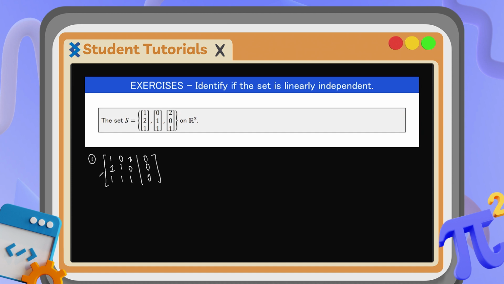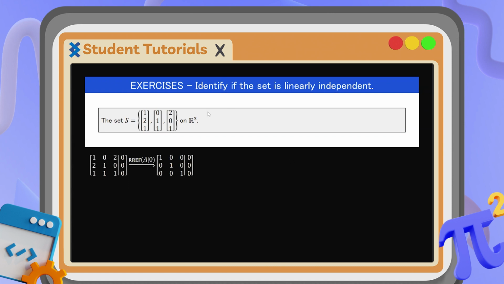After getting the augmented matrix, we take the RREF of this matrix, and you should get something like this.